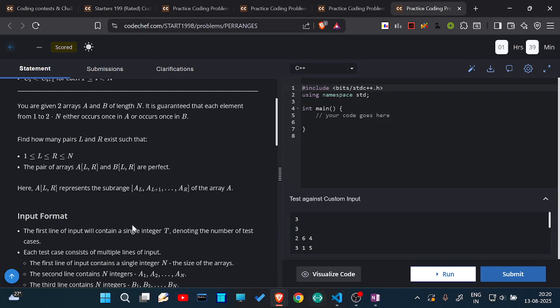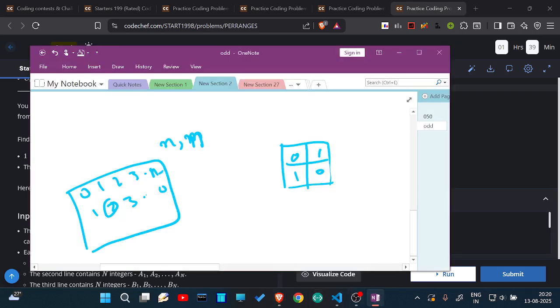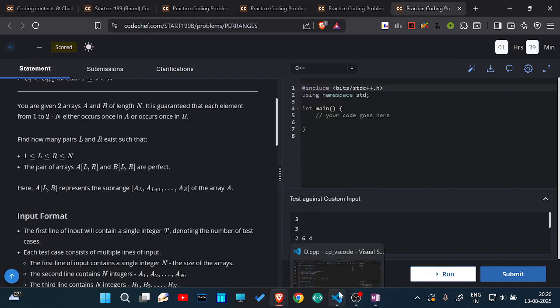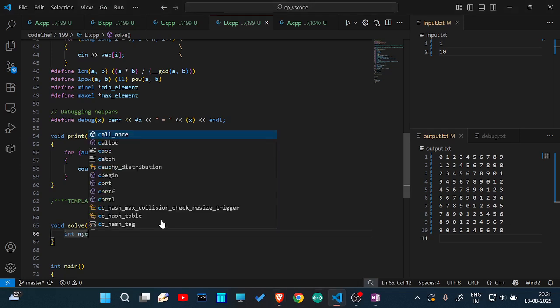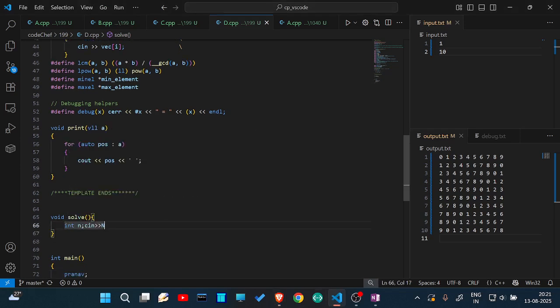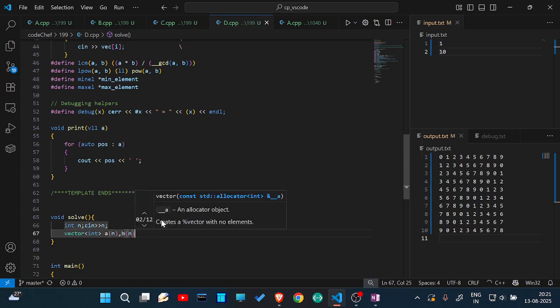So we'll apply DP. Oh, I got the solution. Take a vector of int A of n and take B of n. We get the solution.